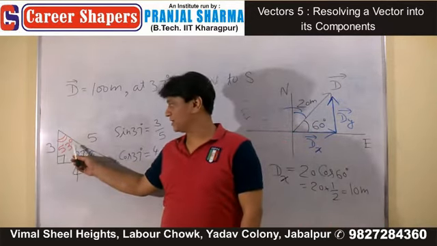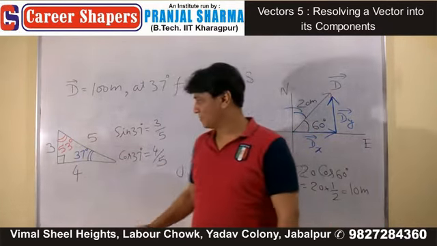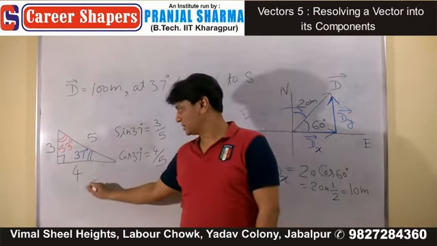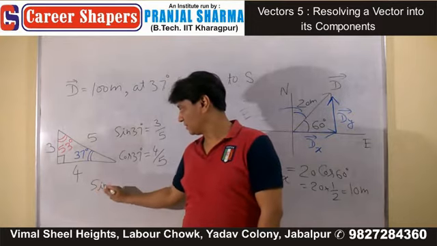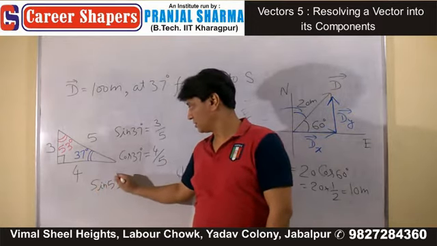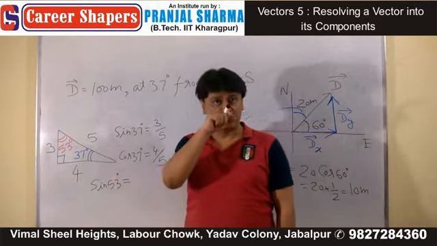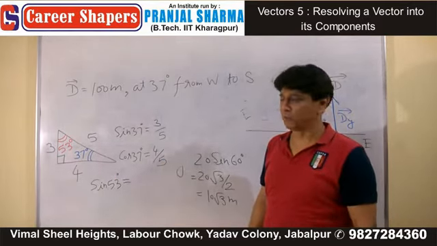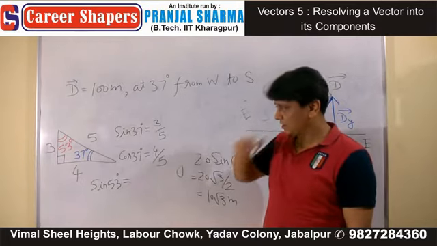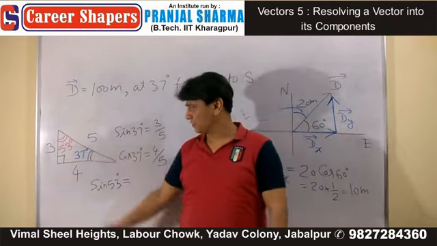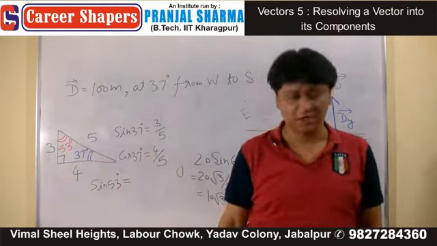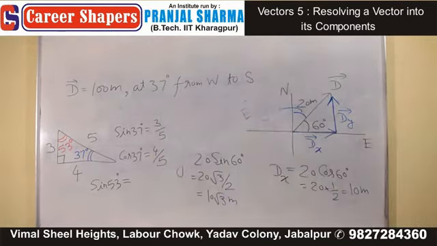The angle in red is 53. If I say what is sine of 53? Let's see if you are comfortable with sine and cos or not. This is 37, this is 53. In the comment box, write down the value of sine 53 fast.